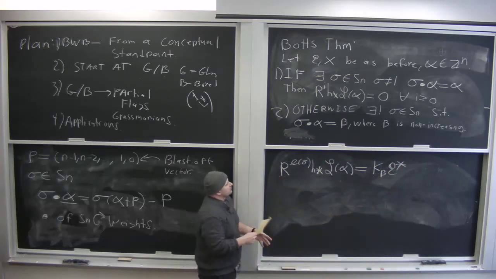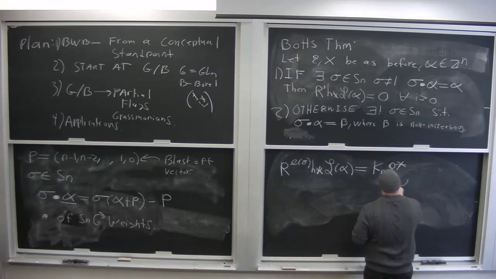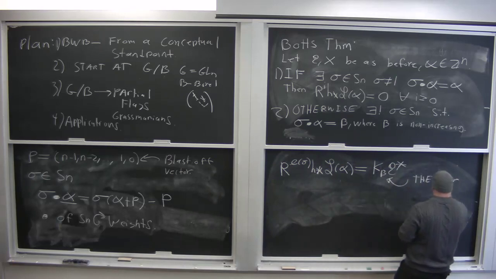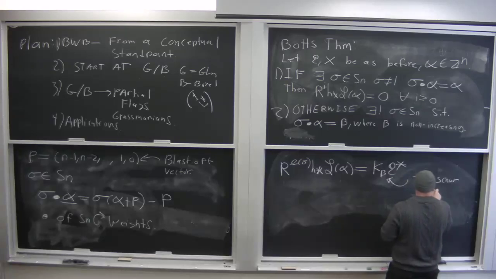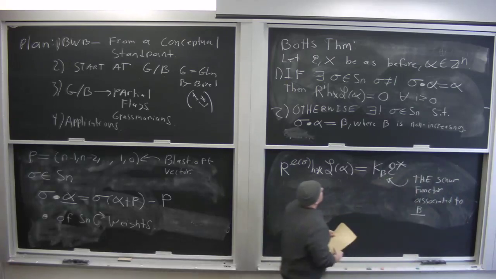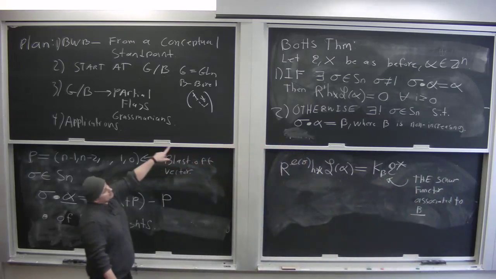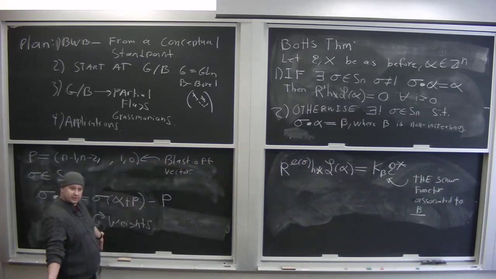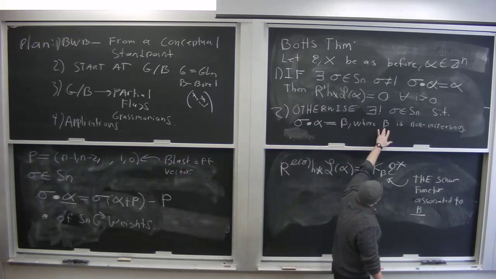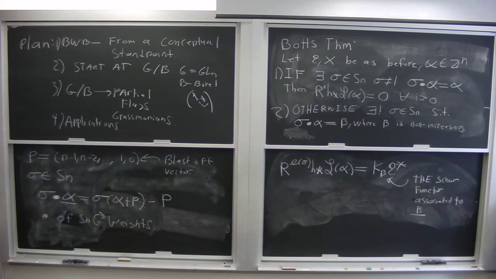Then we can compute what this is. So beta was non-increasing, so it corresponds to a partition. So every partition gives you a Schur functor.